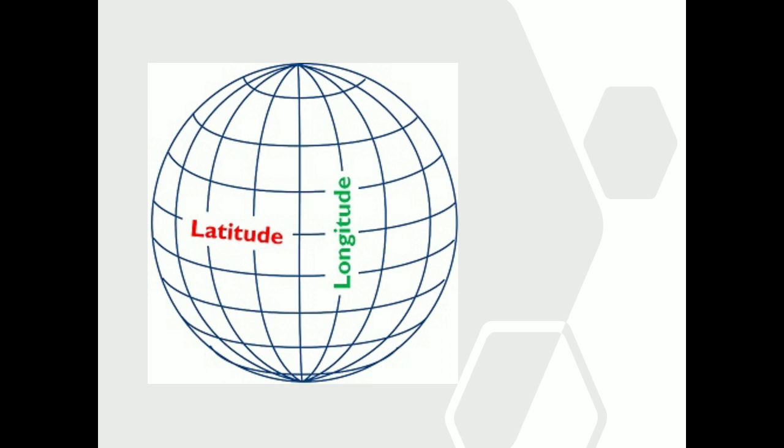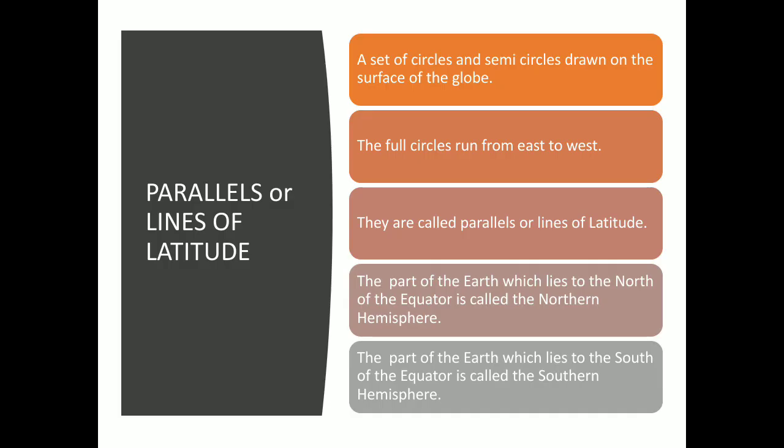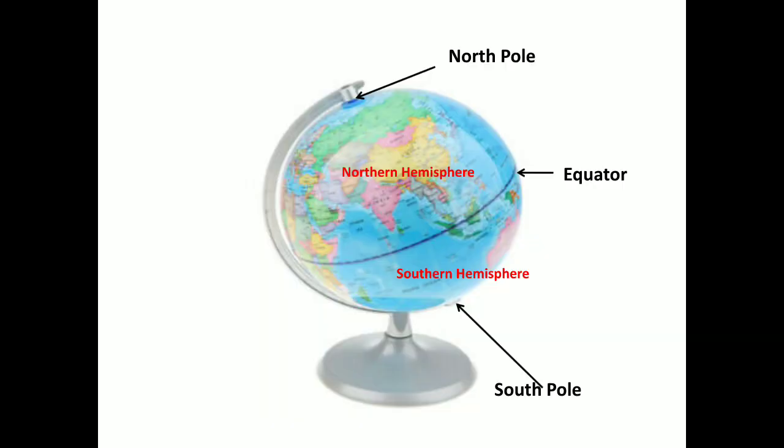Can you see the lines in a semicircle? These are the latitudes. The lines which are coming from the top pole to the below point are known as the longitude. The part of the earth which lies to the north of the equator is called the northern hemisphere. So just have a look.